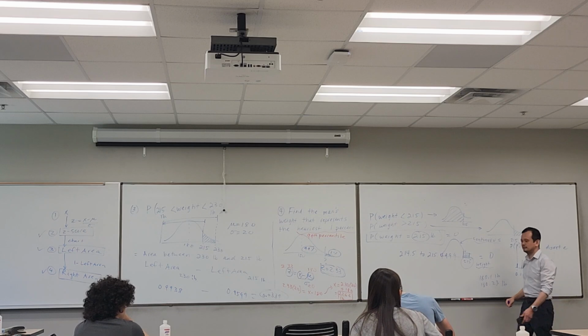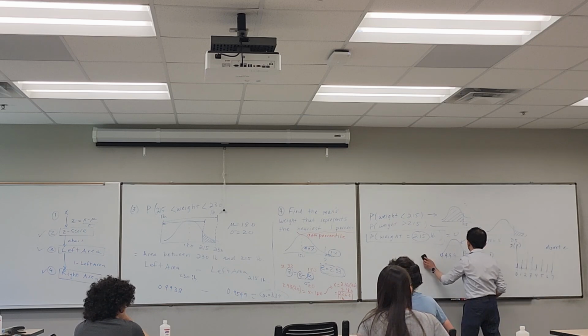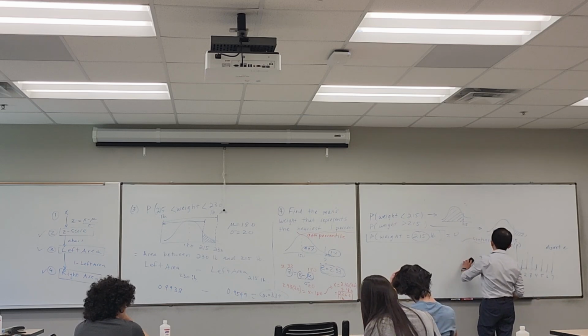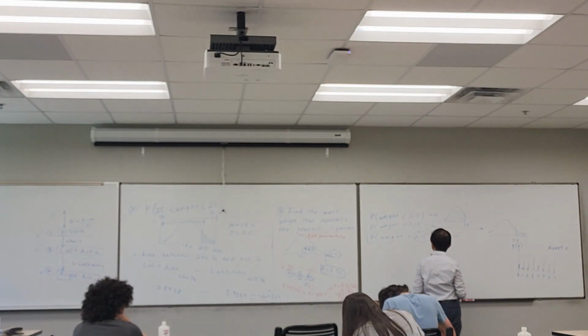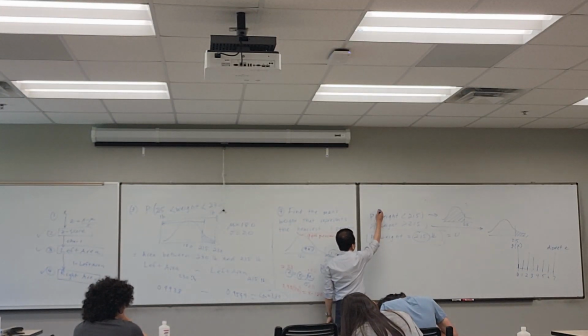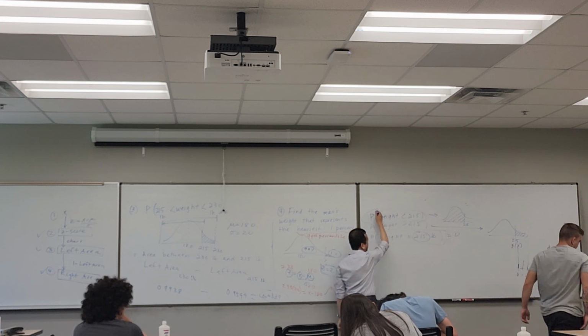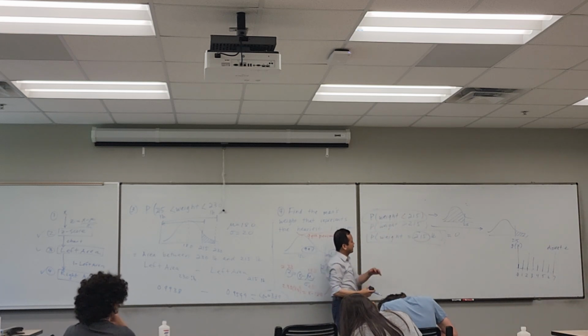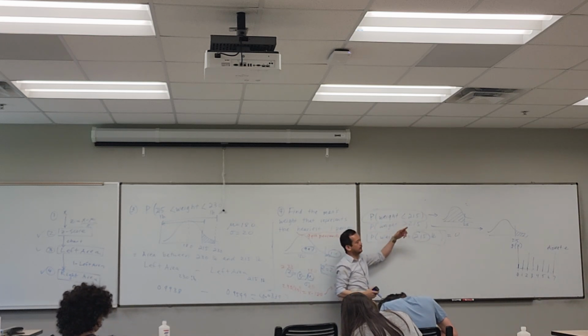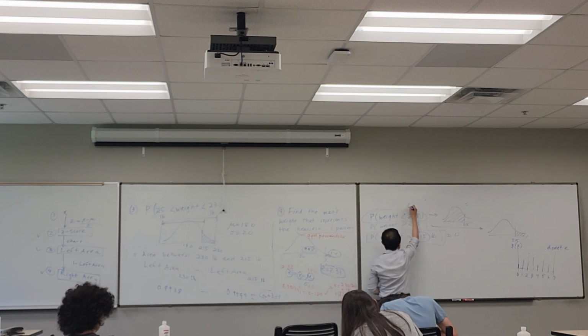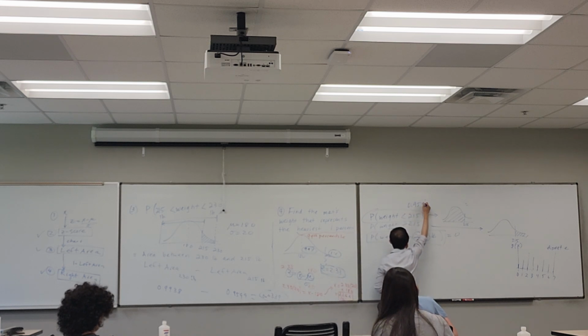Okay, any questions? So previously, we found this probability. That was the very first question we did. We calculated the z-score, we looked it up in the table, and we got 0.9599.